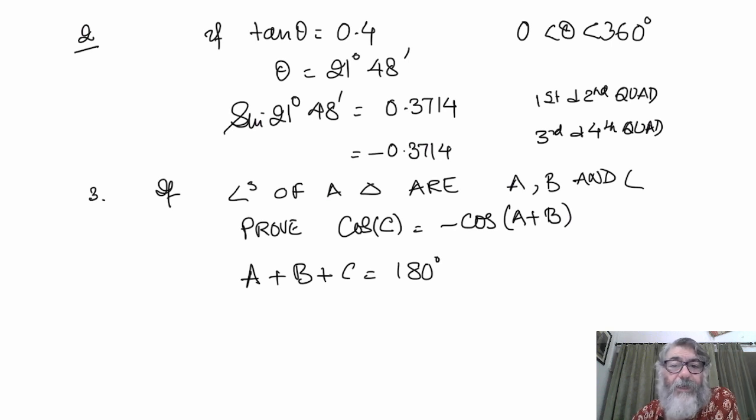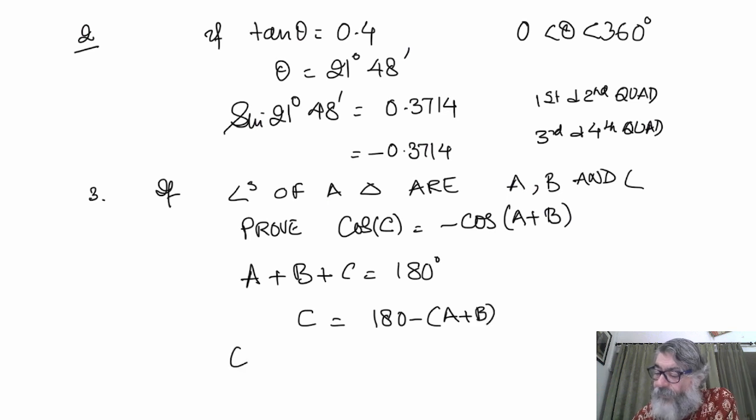Now he wants you to calculate cos C. So C will be equal to 180 minus (A plus B). Now let's take cos. So cos C will be equal to cos (180 minus (A plus B)).